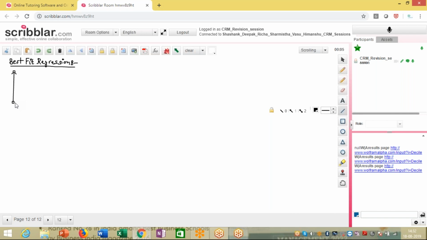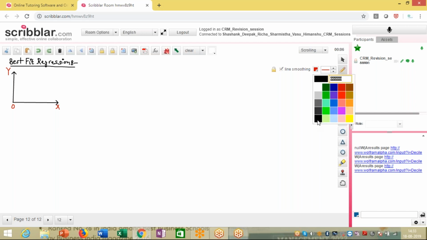This is your y. This is your x. Now, first let's look into the scatter plot, right? The scatter plot of different points in the graph.